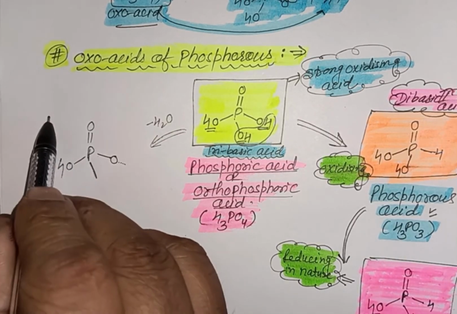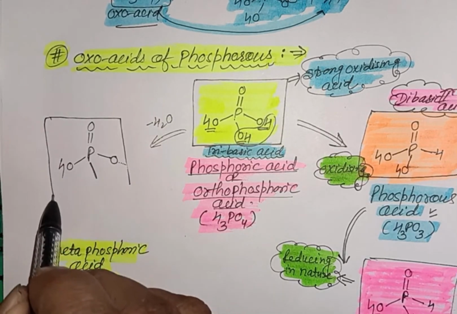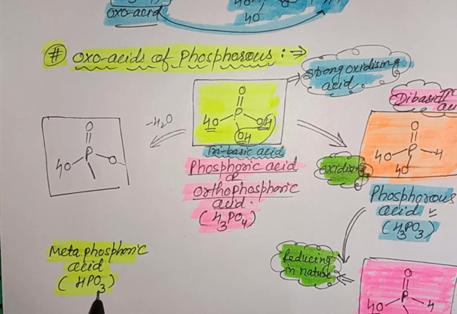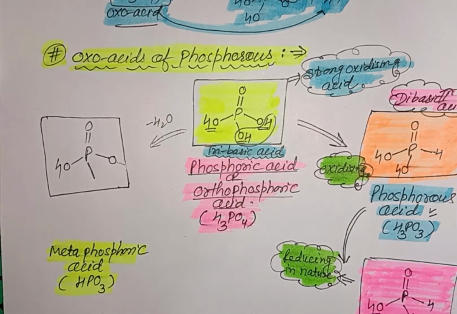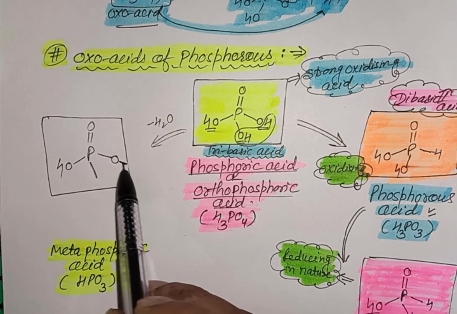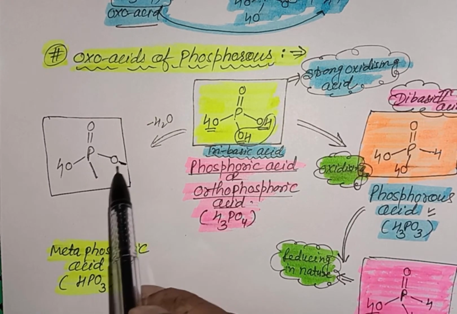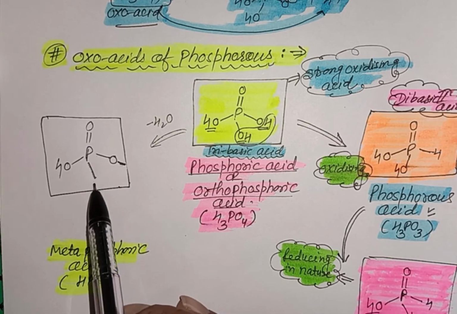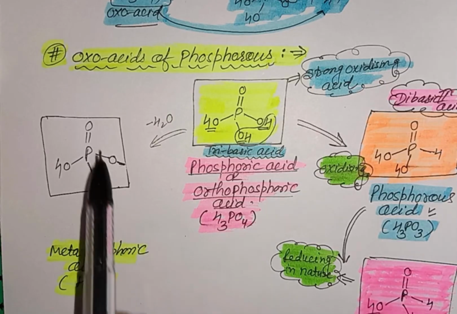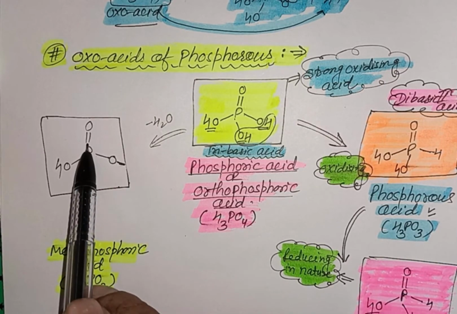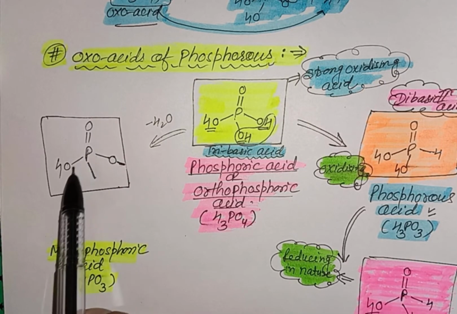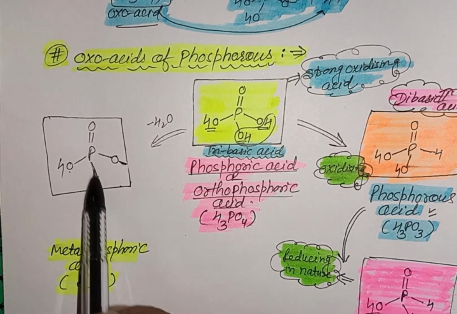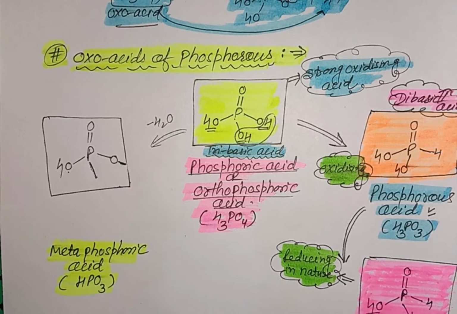So this will become the structure of HPO3 or metaphosphoric acid. Because metaphosphoric acid has a bonding vacancy, it can combine with each other and form a linear as well as a cyclic structure. So each phosphorus atom has a double bonded oxygen, single bonded oxygen, and one OH bond, and this empty bond that can join to another molecule.